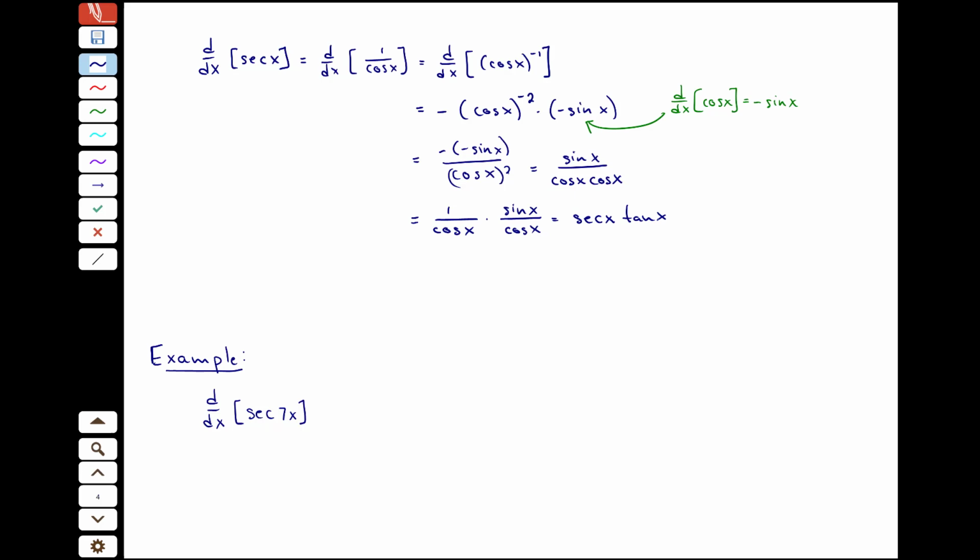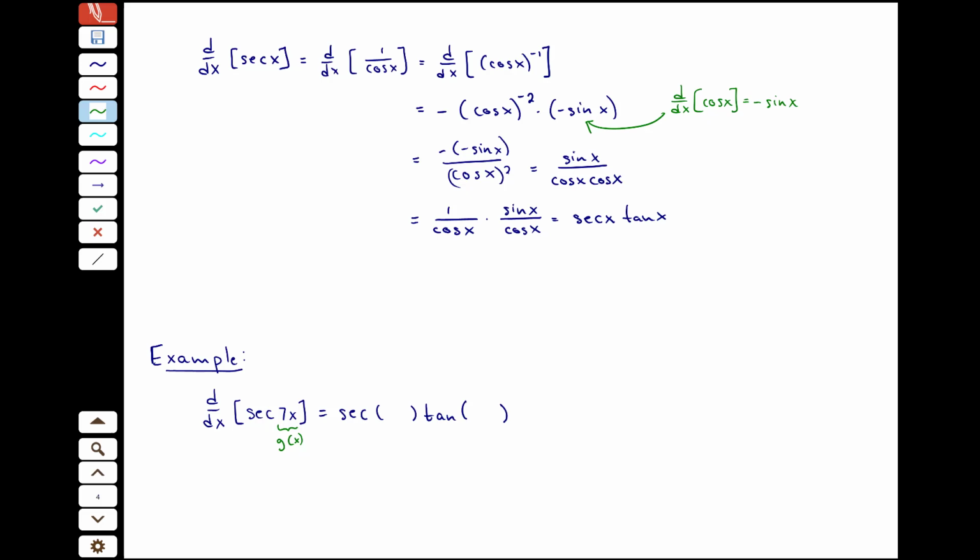Now using this in one last example, if we are taking the derivative of secant of 7x, again we have this inside function, which is 7x. The outside function is secant, and when I take the derivative of that, what we just saw is that we get secant times tangent. Now the weird thing about this is that this function, secant times tangent, has 2 different arguments.